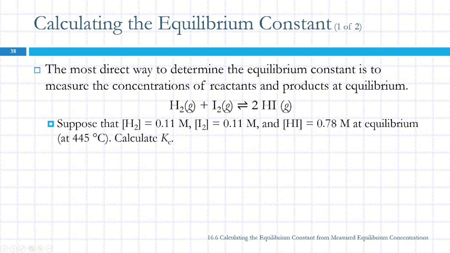So to calculate Kc, we're first going to write the expression for it. You should always write the expression first. So products over reactants. So we have the molarity of HI squared divided by the molarity of H2 times I2.